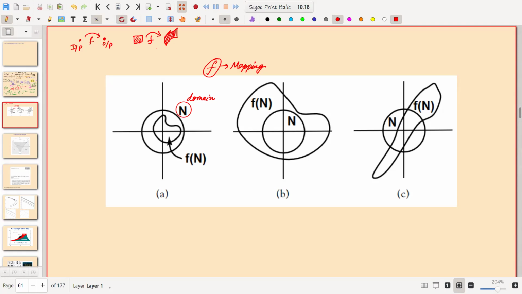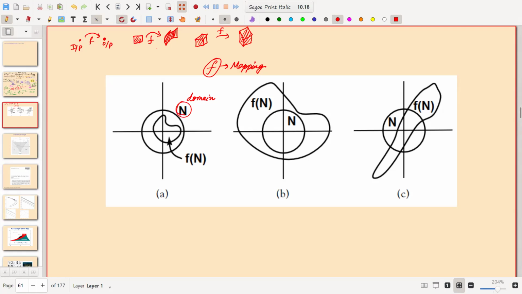You can also take a volume. That's again a collection of points. You can again pass a function. So a volume of points will again be transformed to another volume of points, maybe something like this, right? So this is the role of a function.